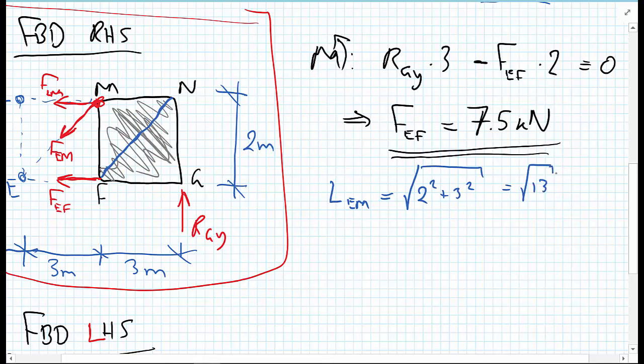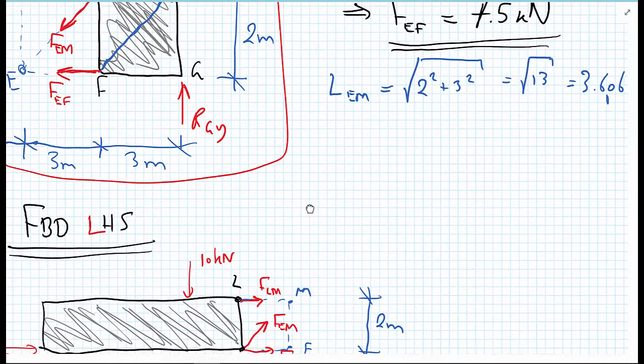You might want to leave it in a square root format, or if you've got it stored in your calculator, maybe it has 3.606. Remember, you can get round up errors if you cut your numbers down to maybe one decimal place too early. Okay, so now let's proceed to sum of the forces in the y direction.